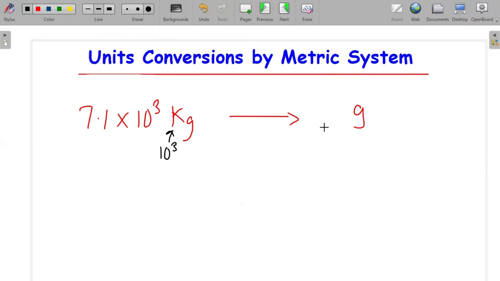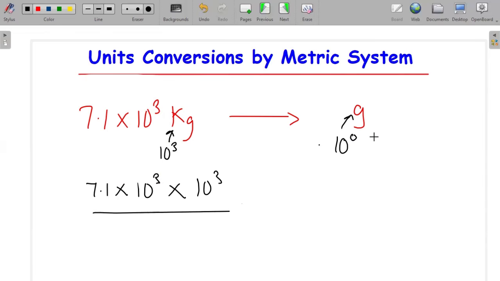And then here you can see that this is just grams. It doesn't have any prefix. If it doesn't have any prefix, it means the value of the prefix is just 10 to the power 0. So this one will be 7.1 times 10 to the power 3, multiplied by this kilo here replaced by 10 to the power 3 again, and then divided by the prefix of the units where I'm going.